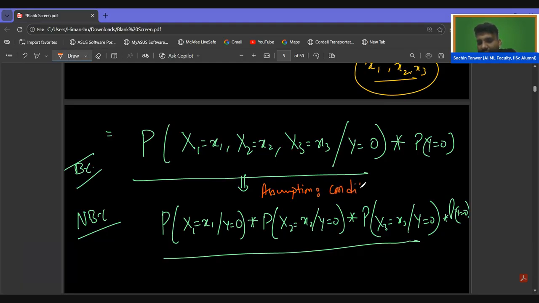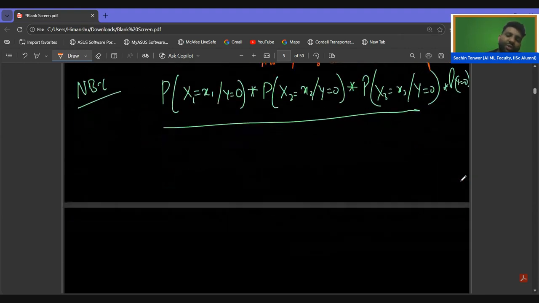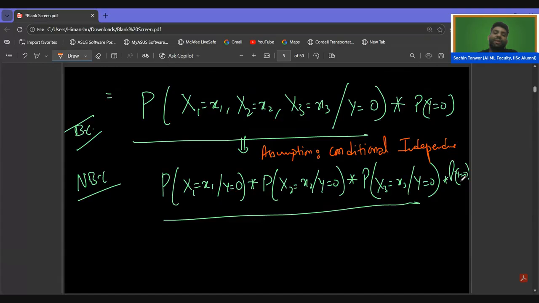Conditional independence says that whatever values x1, x2, x3 are taking, conditioned on y equals 0, I can write them independently, because given y equals 0 they are conditionally independent. So I can just write them separately, and now this would be much easier for me to calculate.